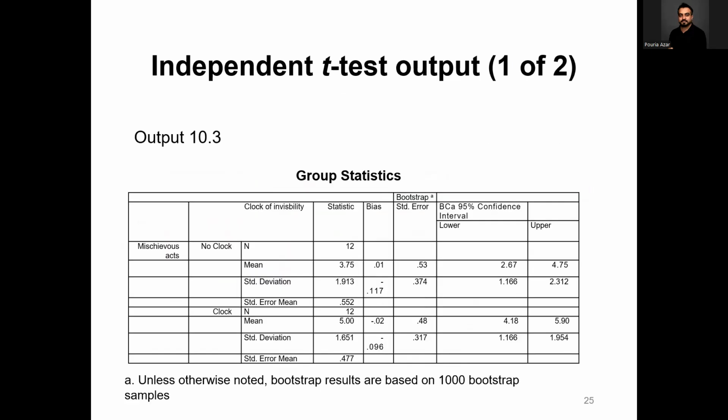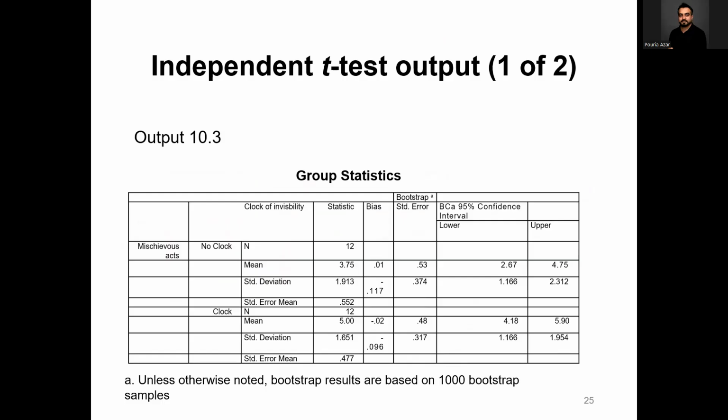So this is what we will get if we run an independent t-test. Remember, in an independent t-test we have two different samples and we are comparing the sample means between those two samples. So that's why I have two samples here: no clock and clock.